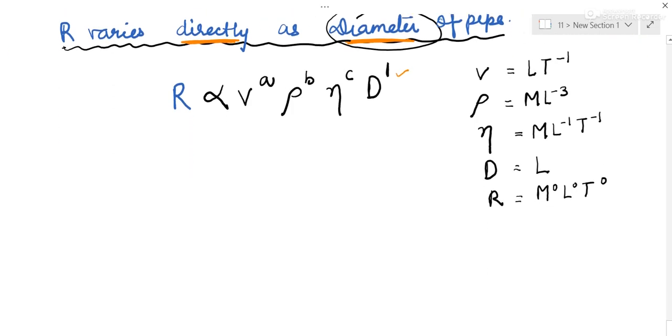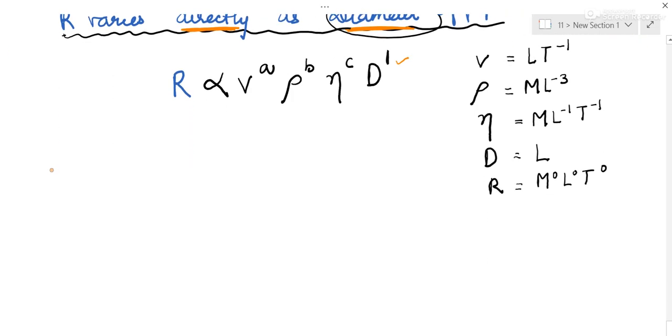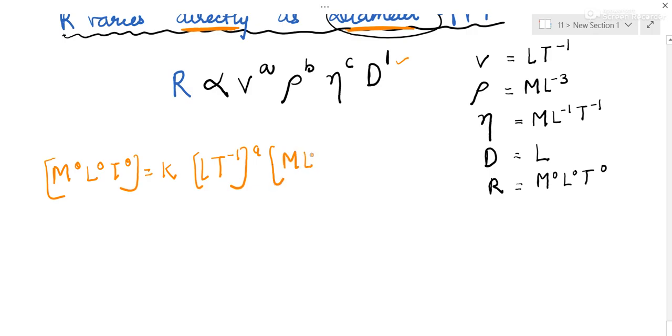Now we can simply substitute and follow our routine. M0 L0 T0 is equal to some constant. Velocity is LT minus 1 to power A, density is ML minus 3 to power B, and eta is ML minus 1 T minus 1 to power C. Diameter is L and to power 1. Just keep that in mind.